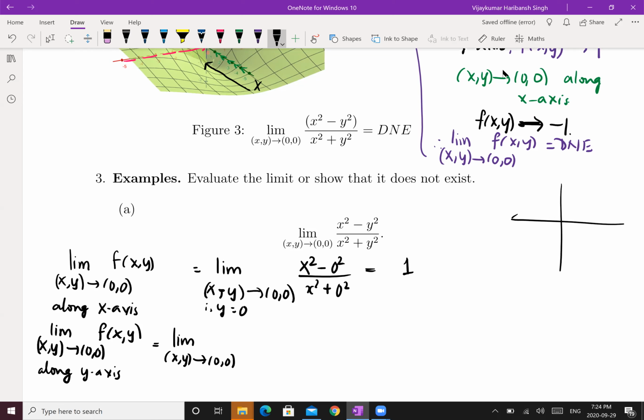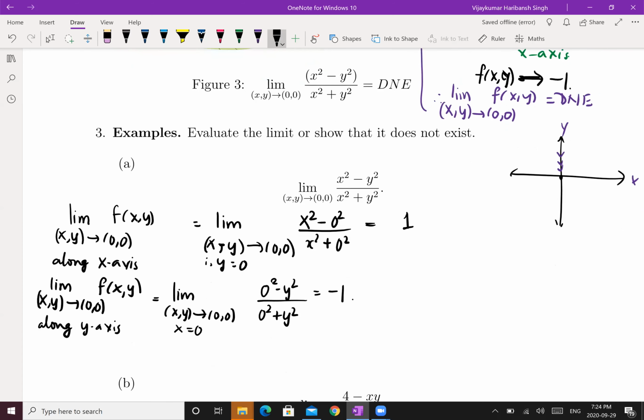If you're going to (0,0) along the y-axis, all the x values are 0. So it is going to be (0 squared minus y squared) over (0 squared plus y squared), and that is going to be -1.